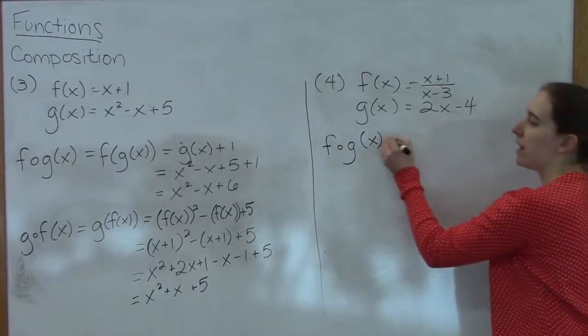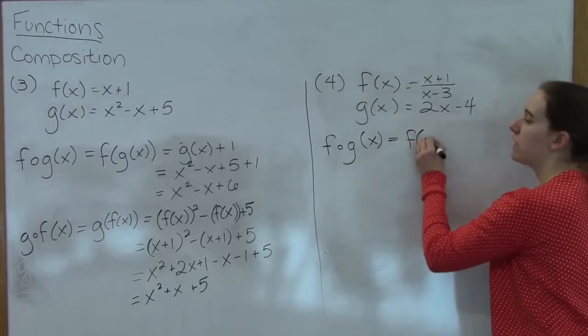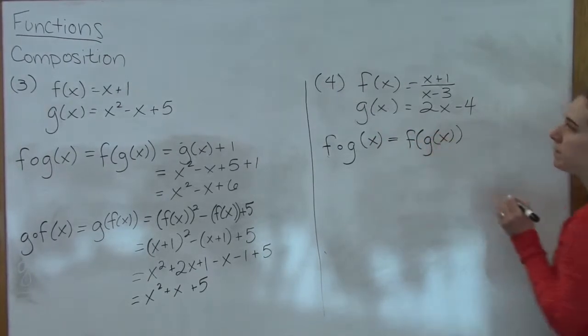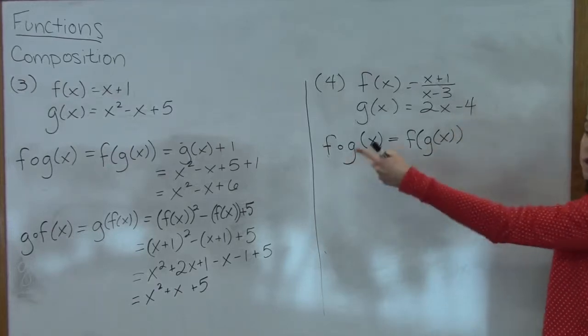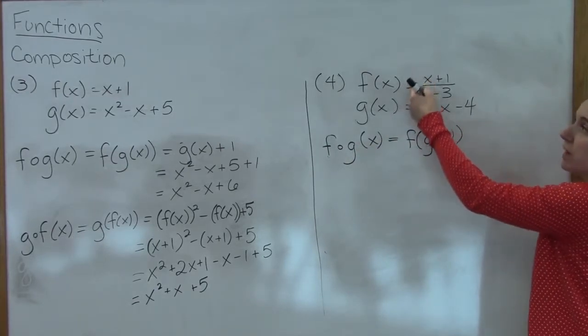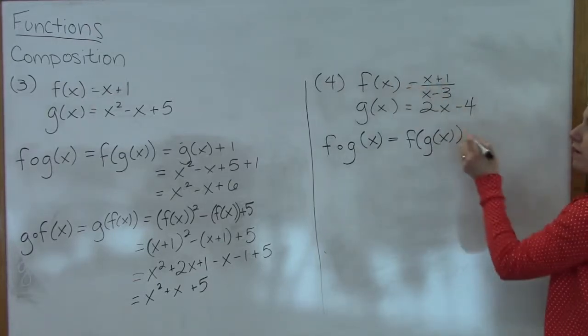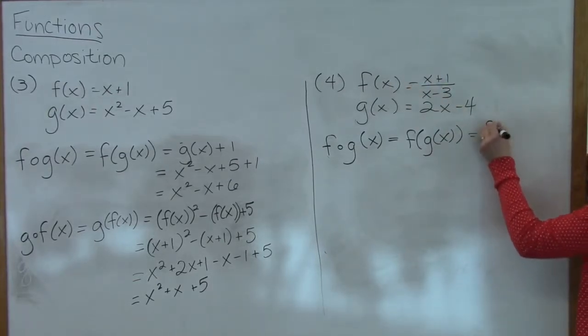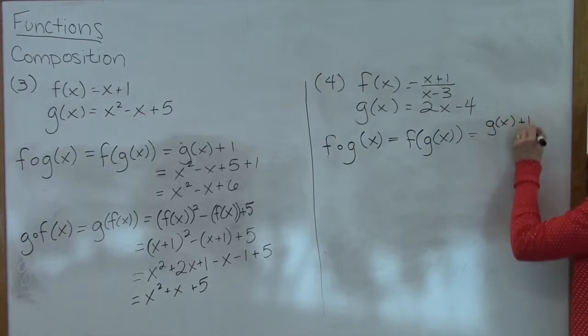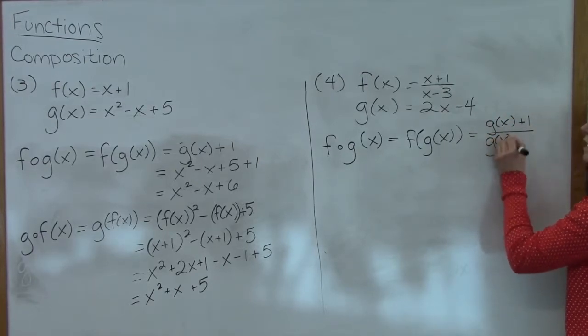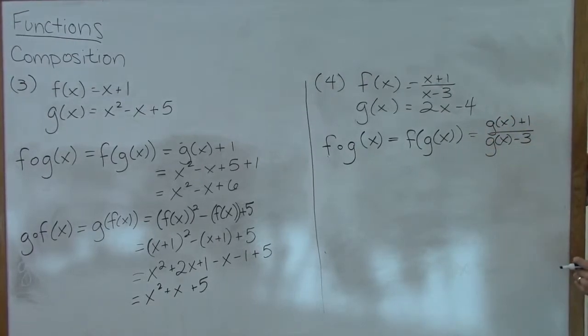So that means I'm layering so that f is my function, g of x is my input. And notice, just like we did in number 3, there are going to be two places where I need to put in g of x, one on top, one on the bottom. So I get g of x plus 1 over g of x minus 3.